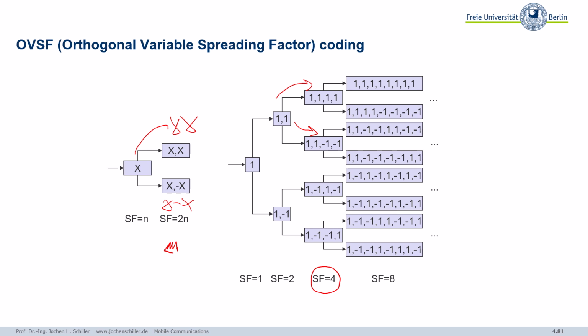Then for the low rate, we pick this spreading pattern, and for the other low rate, we pick this spreading pattern. As long as they are not in the same subtree, you're allowed to pick spreading patterns. For higher data rates, we have to pick a lower spreading factor. So here, for example, we can pick this one.